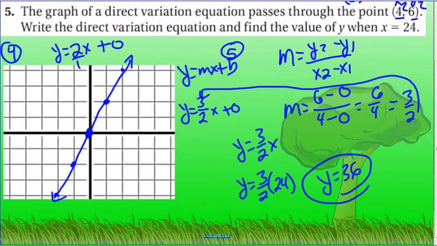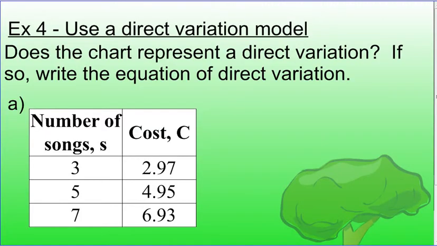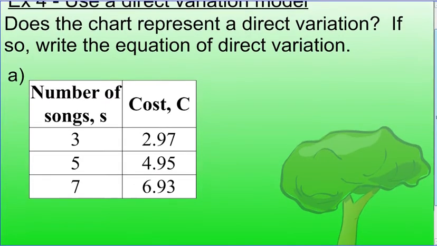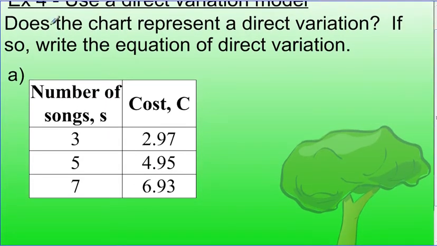Okay. The last type of problem we're going to see here is looking at a chart. Instead of looking at a picture, we're going to look at a chart and figure out, is this direct variation? Now, it gives us some general information like number of songs, cost. We want to know, does this represent direct variation? So first thing we're going to do is think about this as our x and there's our y.